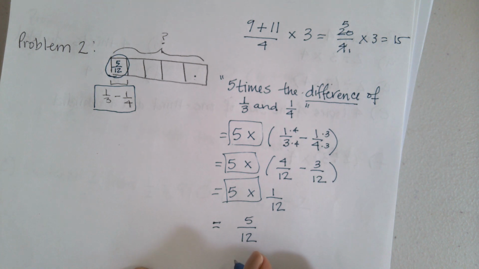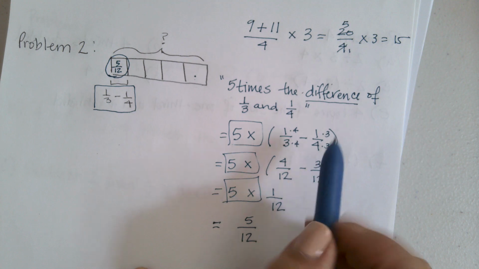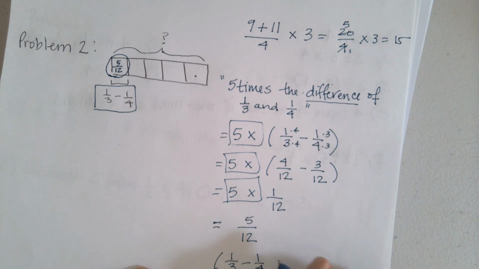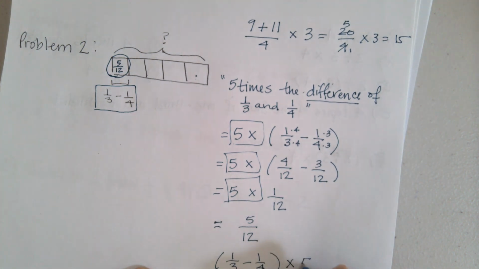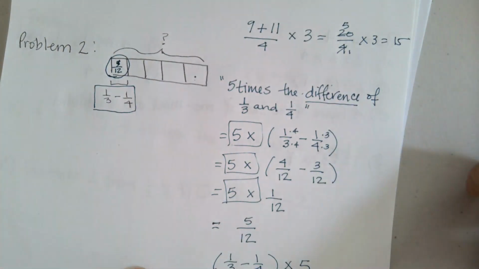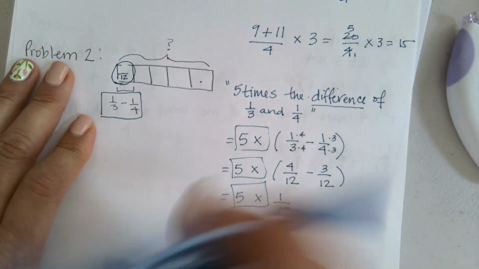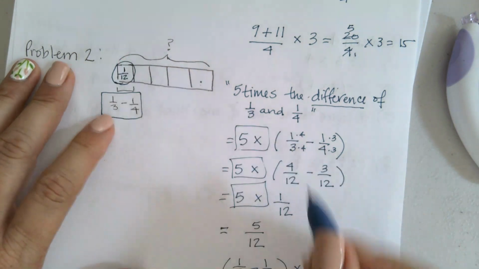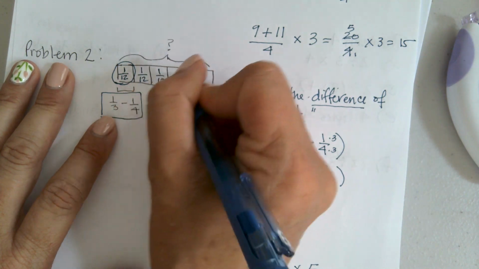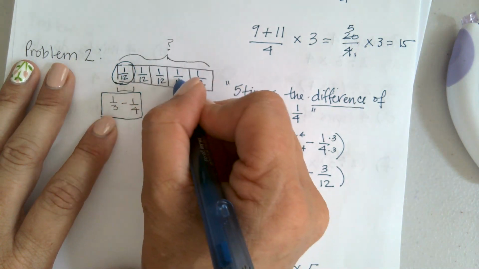Well, hopefully you wrote something out. So instead of 5 times 1/3 minus 1/4, could you have done 1/3 minus 1/4 times 5? Because this here is 1/12, 1/12 5 times, which equals 1, 2, 3, 4, 5.